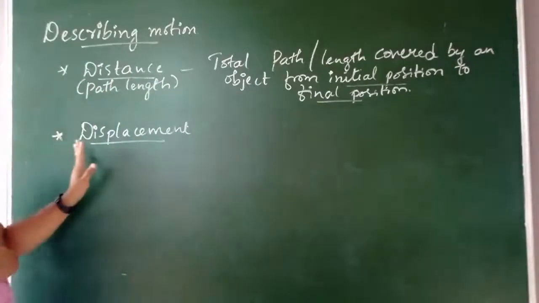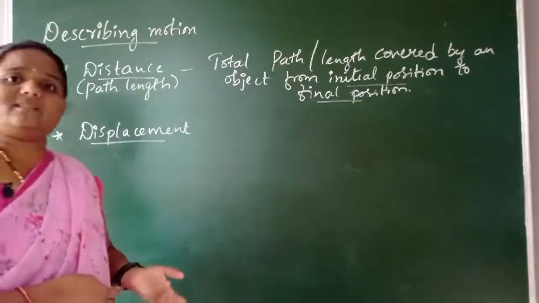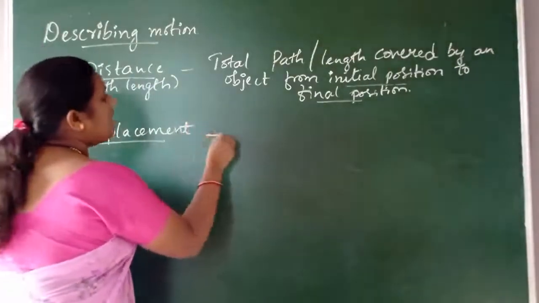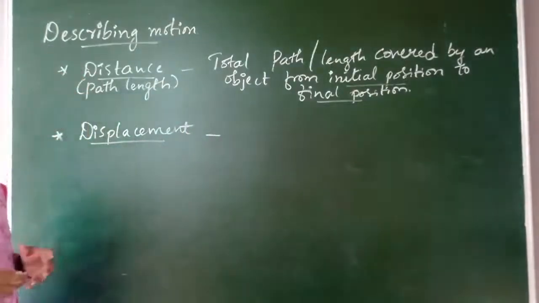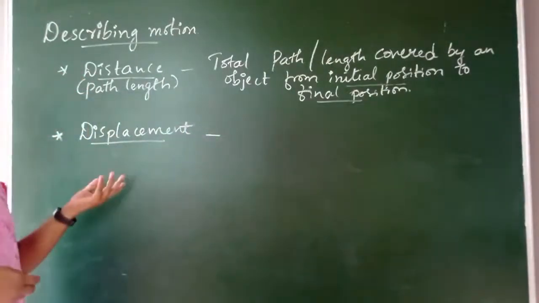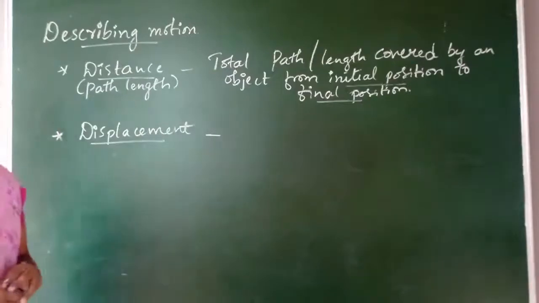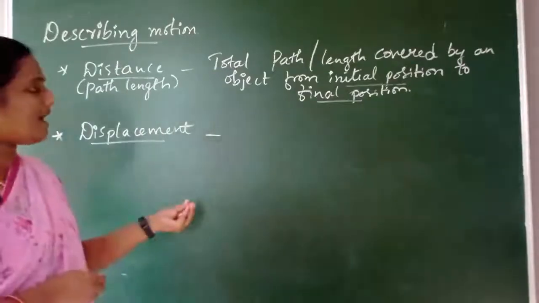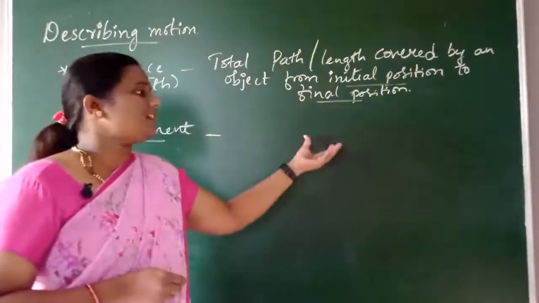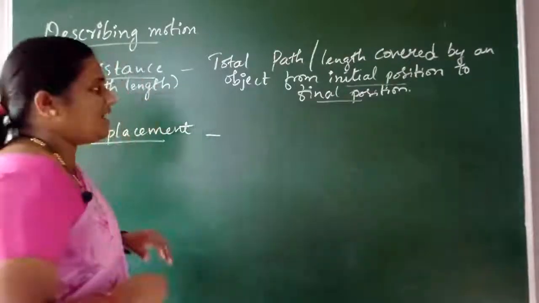Okay. Now then what is meant by displacement? We want to know the another quantity definition, no? It is simple, children. It is nothing but the shortest path, isn't it? It is the shortest path an object travels between the initial position and final position.